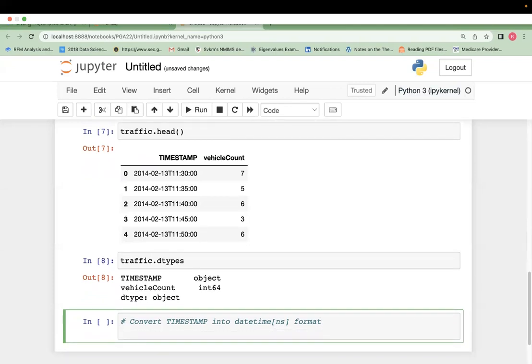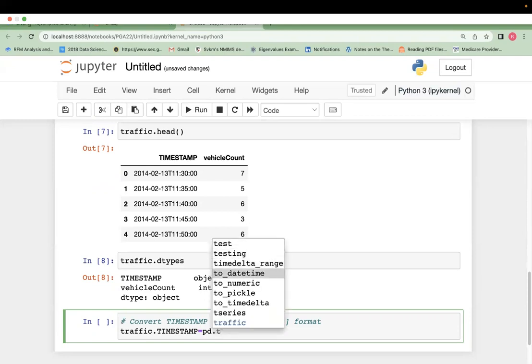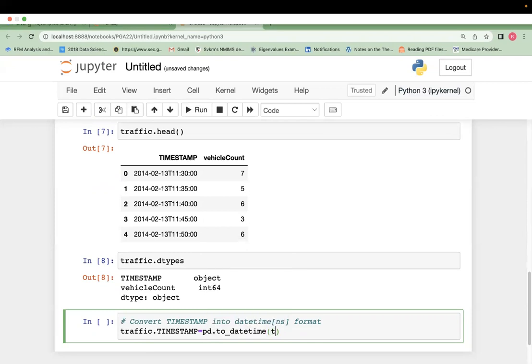Now traffic dot timestamp is equal to pd dot to_datetime. There is a very interesting function called pd dot to_datetime.